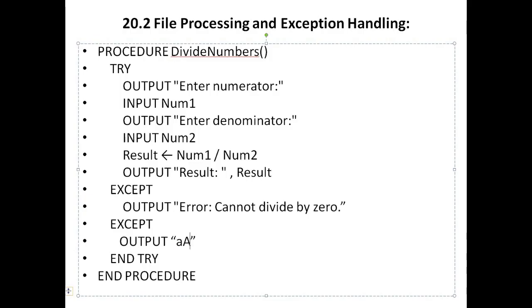An unknown error occurred. You can write 2 exceptions, or multiple exceptions as well, especially when you'll be writing code in Python. Like if it's a division by 0, give an error. If it is something else, you can just write an unknown error occurred or something like that.